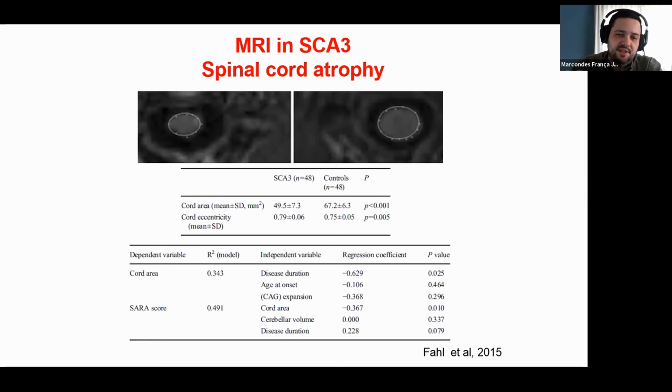As you can appreciate, the values were different in comparison to controls, so there was significant atrophy. You can also see that the spinal cord flattens in the anterior-posterior dimension. Moreover, when you look at the correlation with the clinical features, the cord area has a significant, I'd say moderate, correlation with the SCA scores.